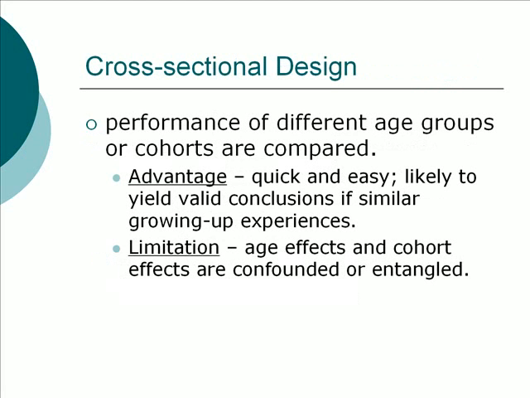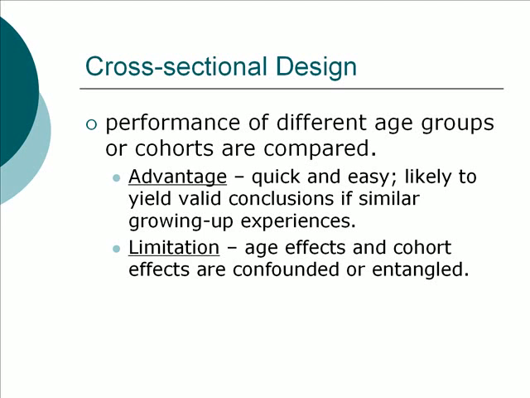The cross-sectional design is where the performance of different age groups or cohorts is compared. Now this is really nice because it's quick and easy, and it's likely to yield valid conclusions of similar growing up experiences. For example, I don't have a lot of money and I don't have a lot of time, but I'm interested in finding out how reading skills change from first grade through sixth grade.